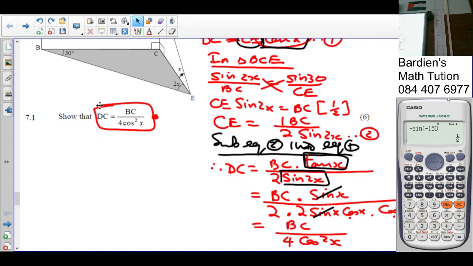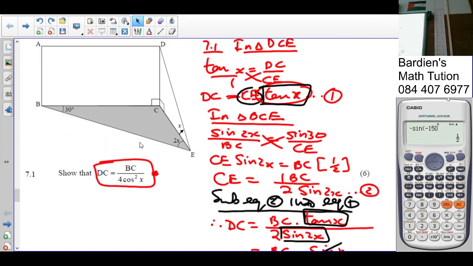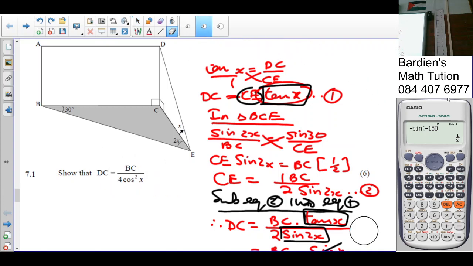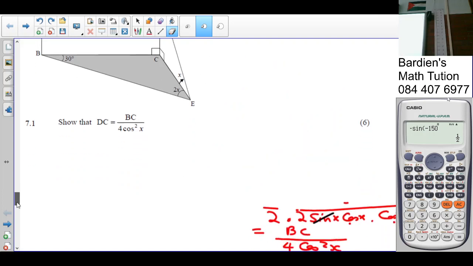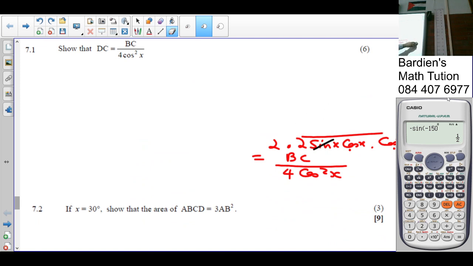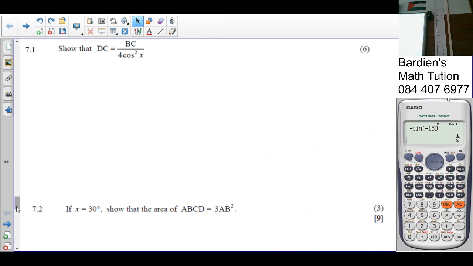I know many learners lose the mark on prove that or show that questions. Sometimes they write too little, and then the examiners assume that they are guessing the answer, because the answer is given.